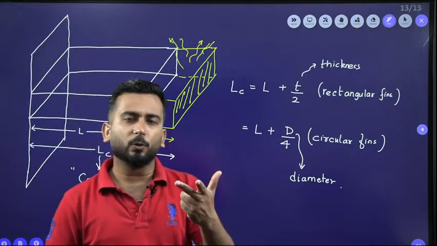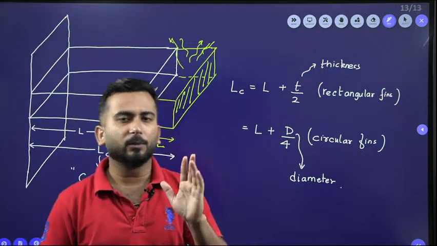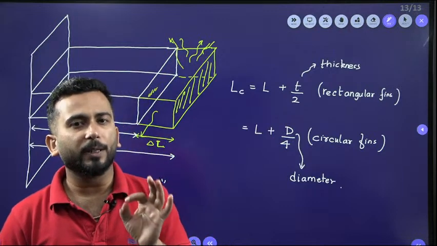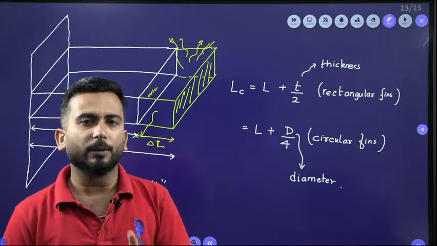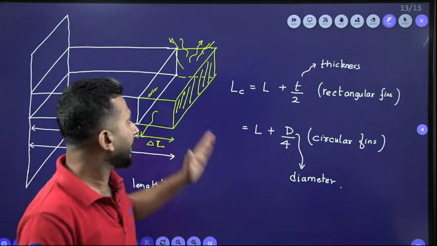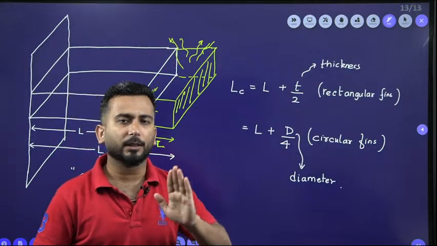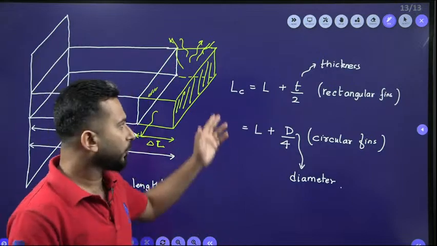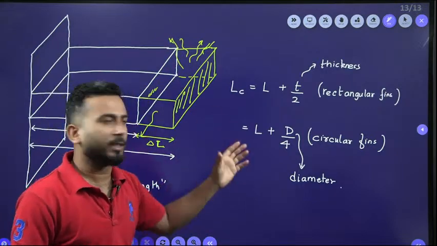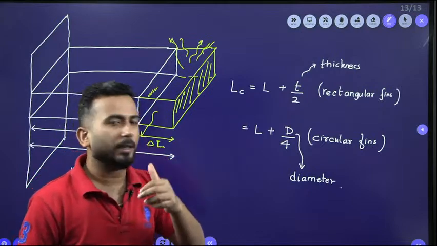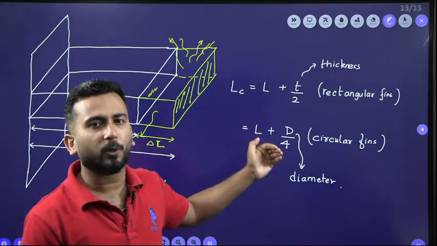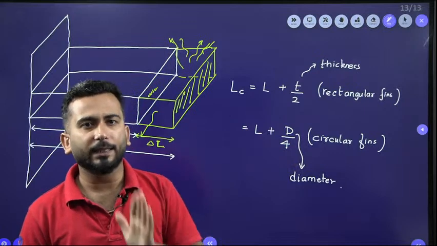We arrived at two equations. The second one was the case with a fin with insulated tip. We arrived at two equations, and this is the most general case where I am letting convection happen, but here you have to learn only the corrected length formula. Rest you can use the second case formula over here.